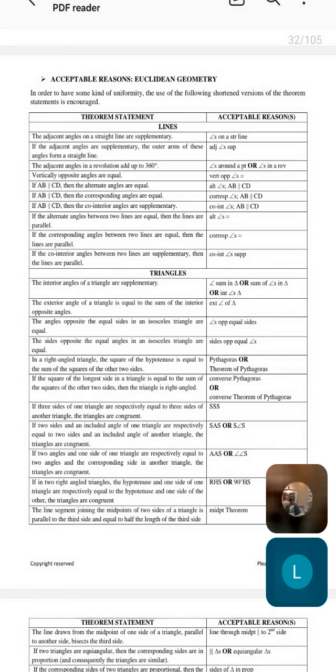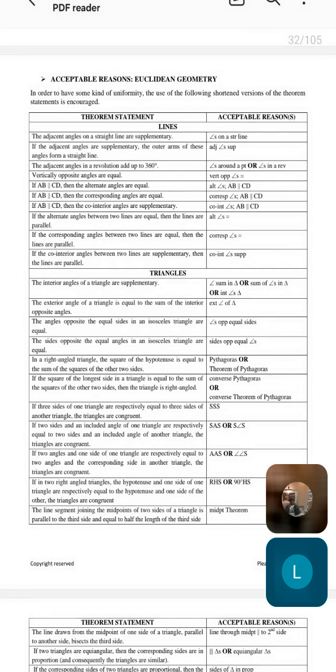Right. So guys, the first seven statements, up until where we say if AB is parallel to CD, then the co-interior angles are supplementary. Those seven statements, hopefully we are all clear about them, and their reasons.